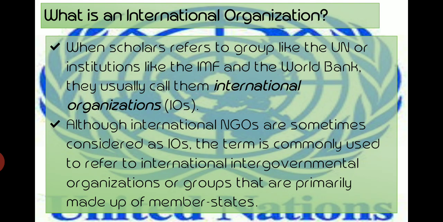Although international non-government organizations are sometimes considered as international organizations, the term is commonly used to refer to international intergovernmental organizations or groups that are primarily made up of member states. So, masasabi lang daw natin na international governmental organization or international organization ng isang institution if these are primarily made up of different member states or different countries around the world.